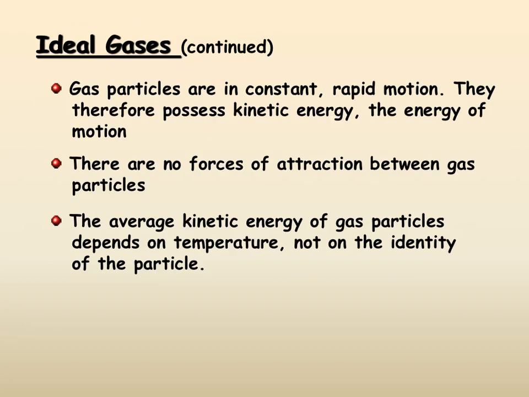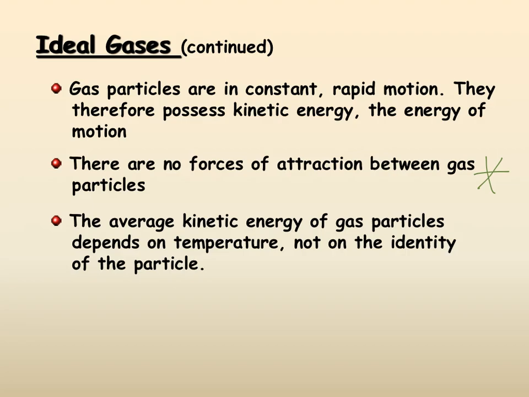There's also that gas particles need to be in constant rapid motion. This is one reason why we always want to run things at a high temperature, because that maintains this. Another thing that is nearly impossible to make happen is having no forces of attraction between the particles. Again, we can reduce this significantly by using small nonpolar molecules, but that is very hard to maintain. And then the last component was the average kinetic energy of the gas particles being dependent just on temperature, not on size.